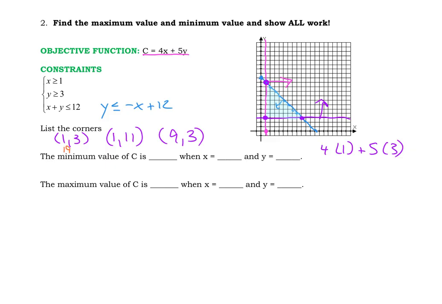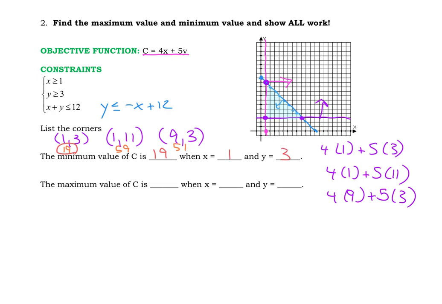Now I've got 4 times 1 plus 5 times 11, and that's going to give me 59. And then 4 times 9 plus 5 times 3, and that's going to give me 51. So the minimum value, the smallest value, is 19, and that's when x is 1 and y is 3.